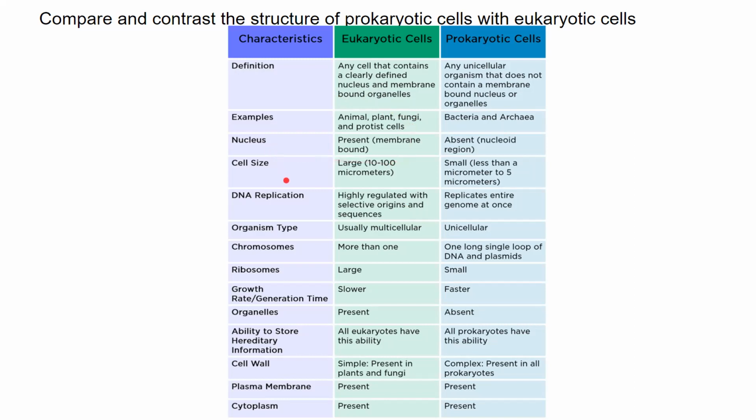Again, the cell size is smaller, there's DNA, but there's no nucleus. DNA replication is one important thing to know. In a eukaryotic cell, it occurs in the nucleus, so it can start from any corner and can start simultaneously, right? It can start occurring in any corner of the DNA.